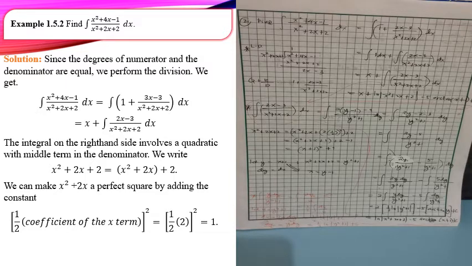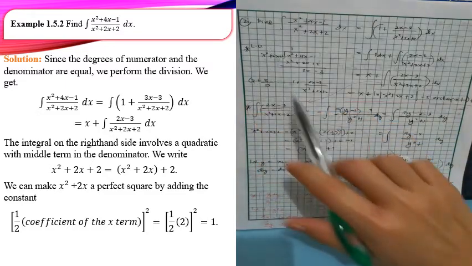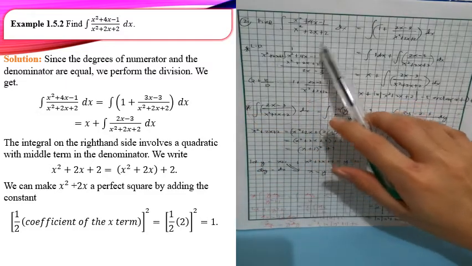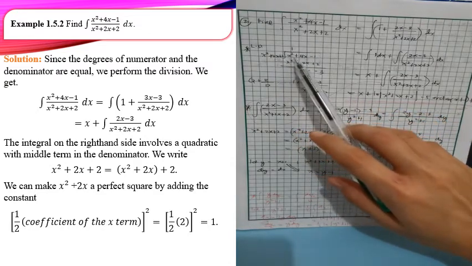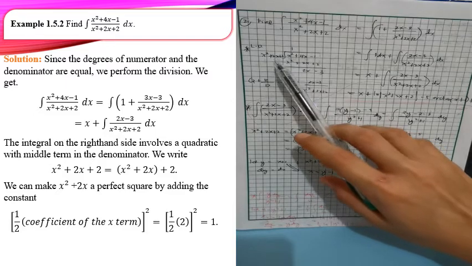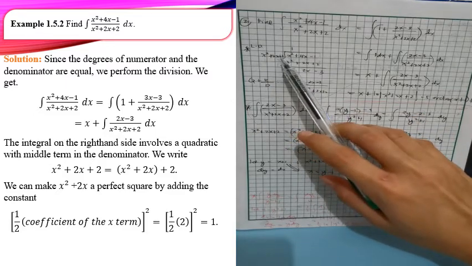So, what we do when the degrees of the numerator and denominator are equal is divide using long division. LD stands for long division. This one is our dividend, and x squared plus 2x plus 2 is our divisor. So, x squared plus 4x minus 1 divided by x squared plus 2x plus 2.